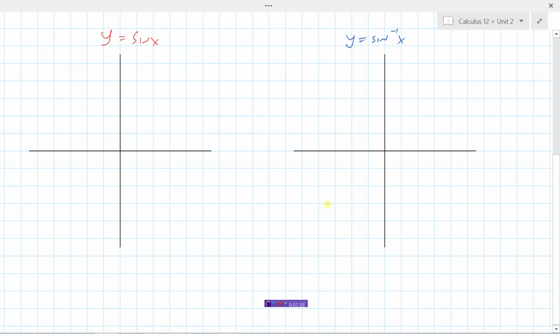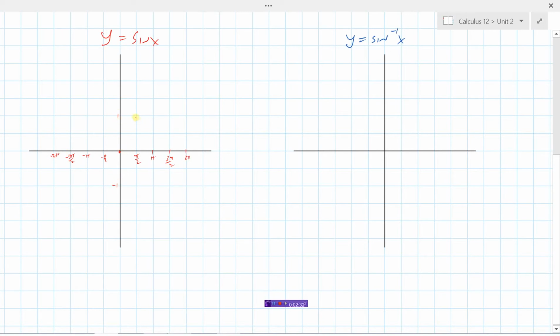I'm going to draw them on separate graphs here. We're going to graph y equals sine x, and then we'll graph the inverse, y equals inverse sine of x. So you remember that sine x goes through the point 0, 0. Let's make this pi over 2, and this pi, 3 pi over 2, 2 pi, and we'll make this 1 here and this minus 1 here.